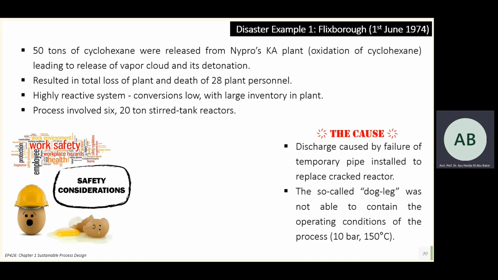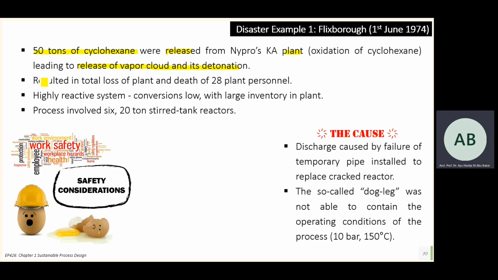A few examples of a disaster that happened a few years ago. Disaster on 50 tons of cyclohexane released from a plant, leading to release of a vapor cloud and it detonates.